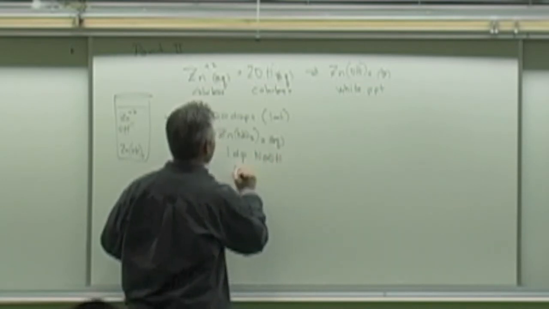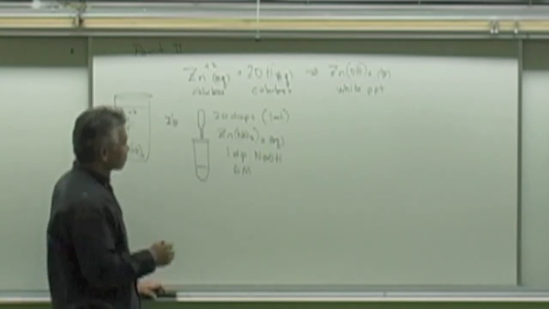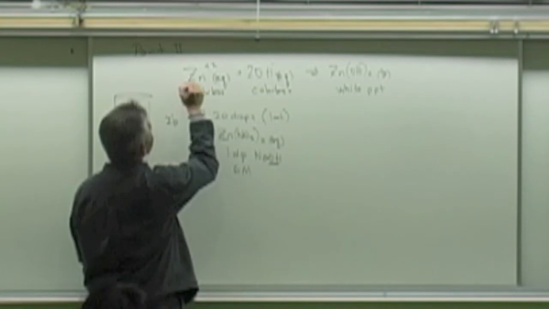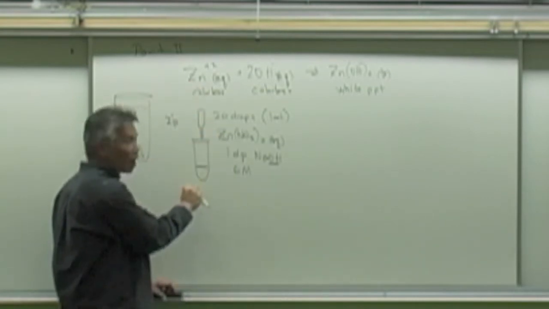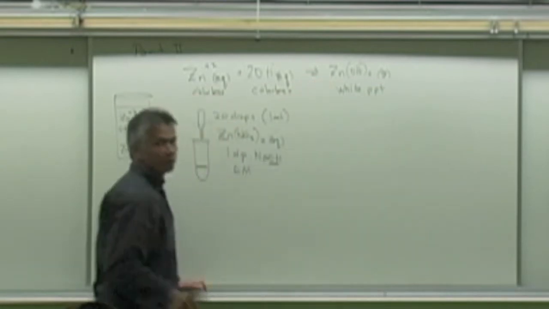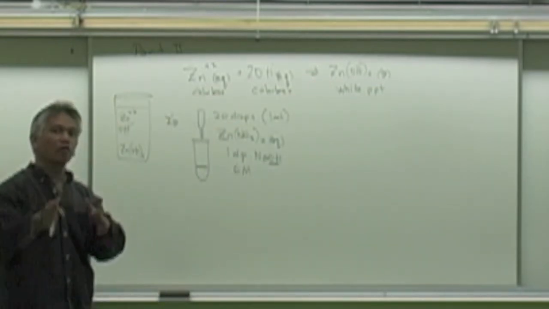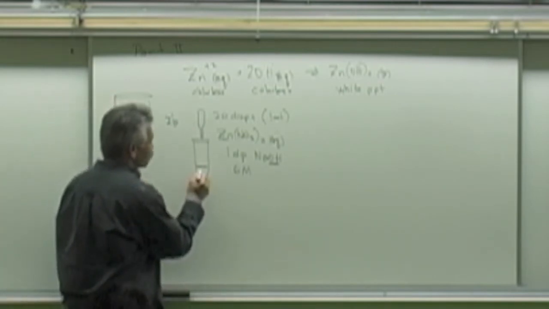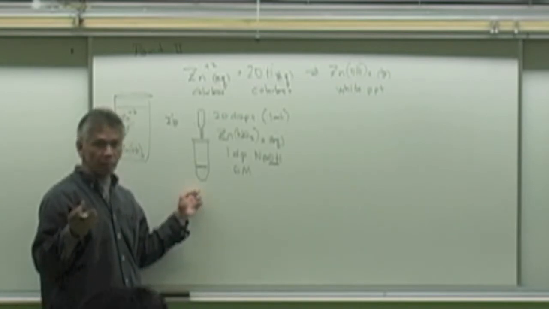And this is 6 molar sodium hydroxide, so it's very concentrated. The hydroxide here and the zinc here will form this equilibrium. So by the time you finish this first part, you now have this equilibrium. You have some zinc, you've got some hydroxide, and those two are forming zinc hydroxide. Don't be surprised if you see a little bit of white particulates in the test tube.